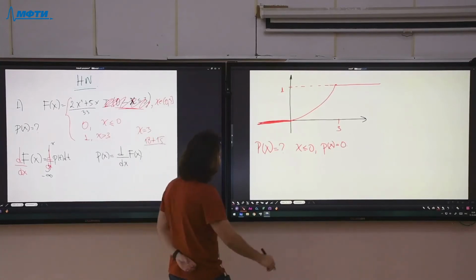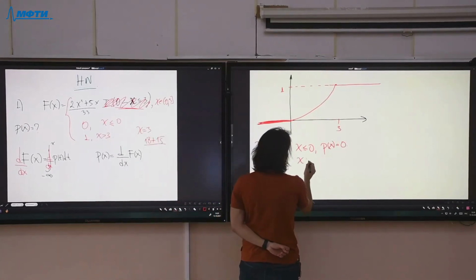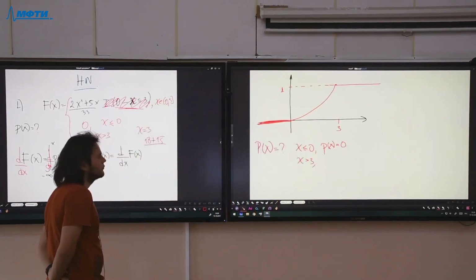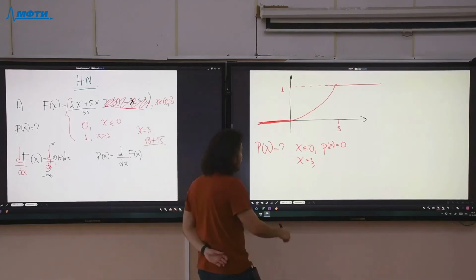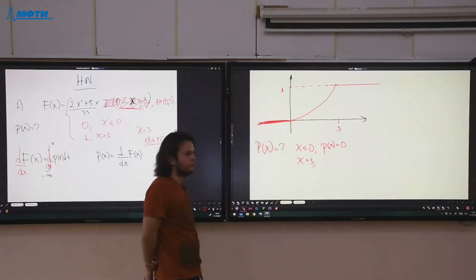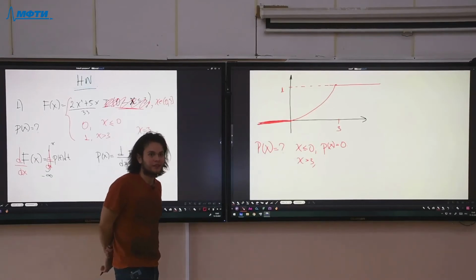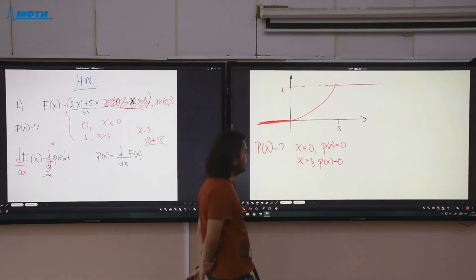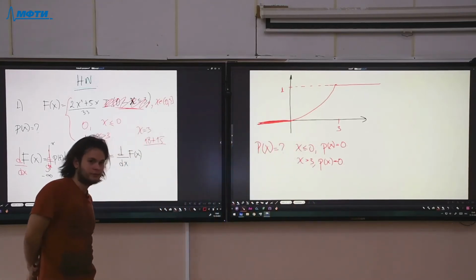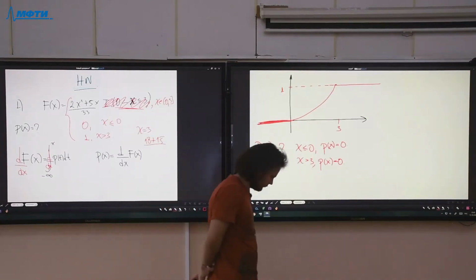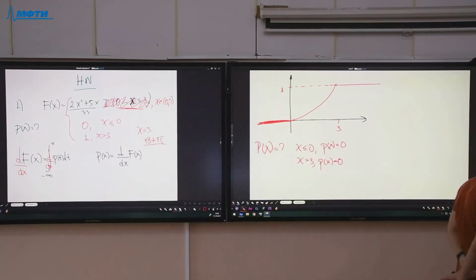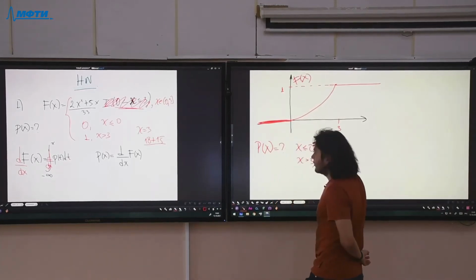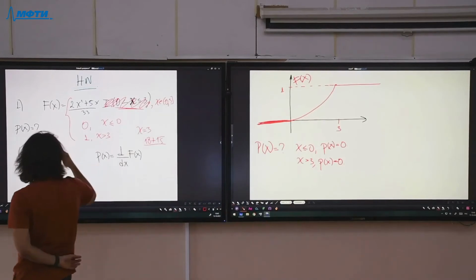If x is greater than 3, then it's going to be 1. No, wait, why 1? No, 0. This is the CDF. But from the CDF, we can look at the PDF.